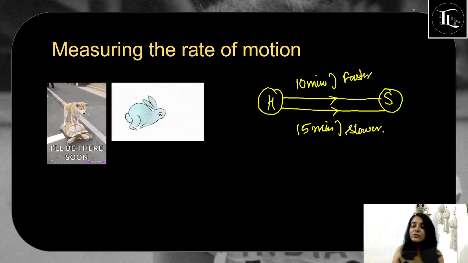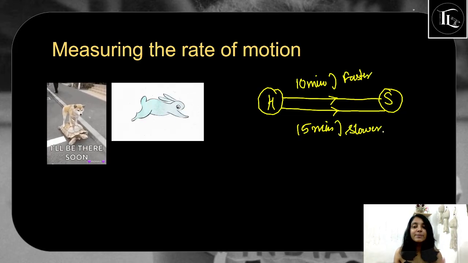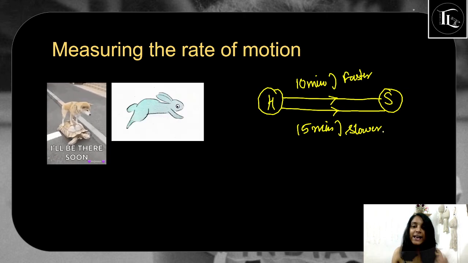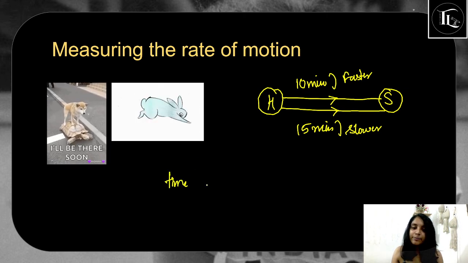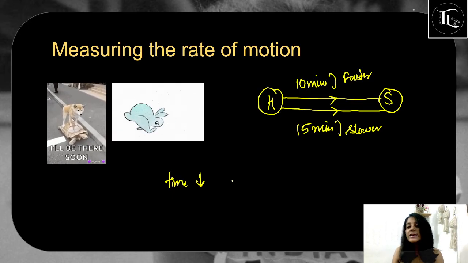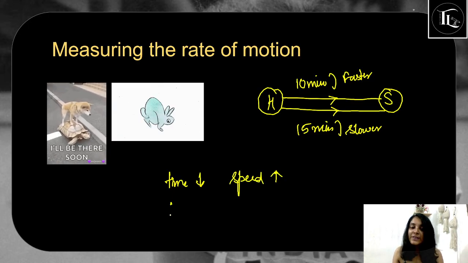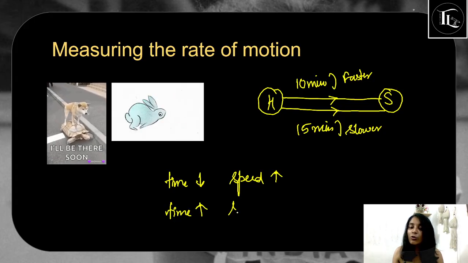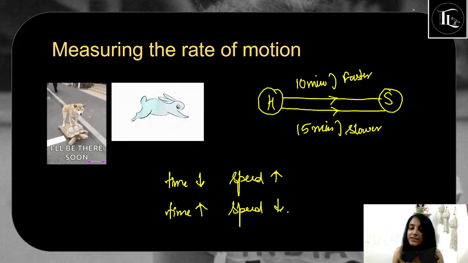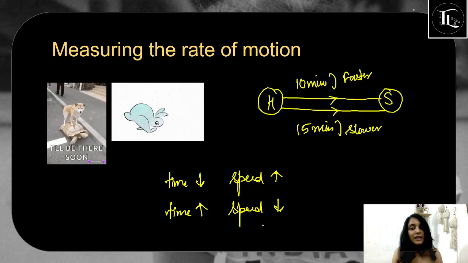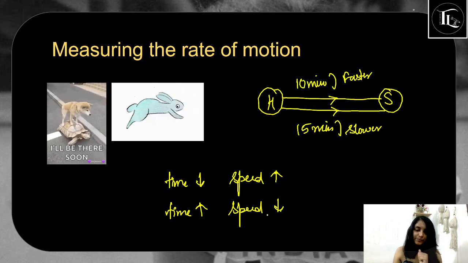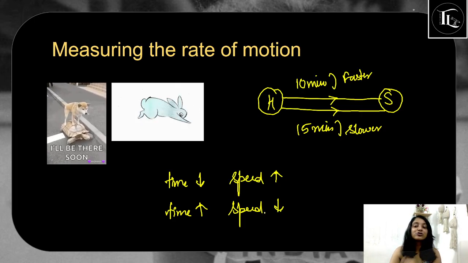How are you able to tell this very confidently? Because the distance was the same and you both took different time intervals. If the time was less, then we say that you were faster. That means the speed was more. While if the time was more, we say that the speed is less. That means the person is slower. Now this is an idea, but how do we actually measure it?